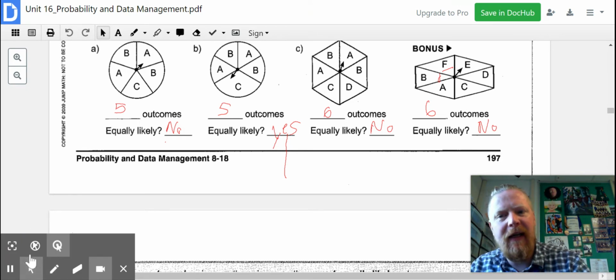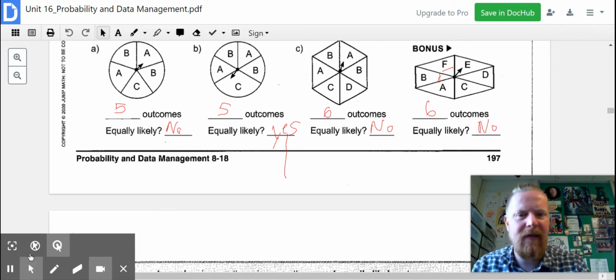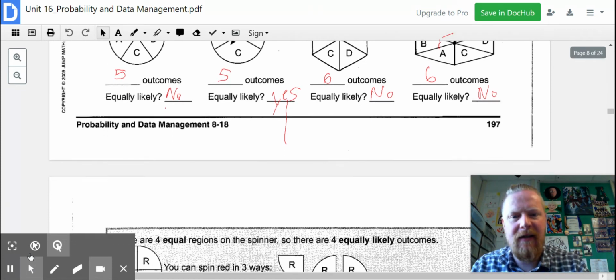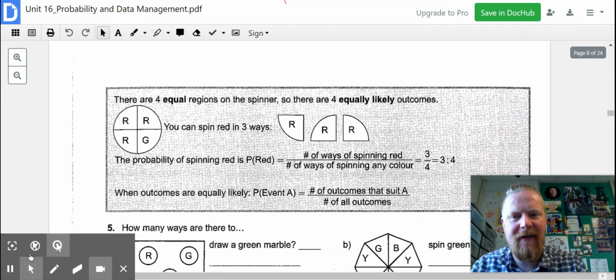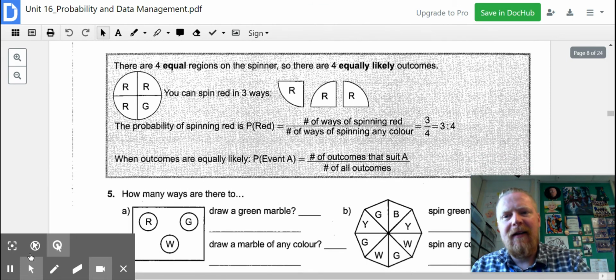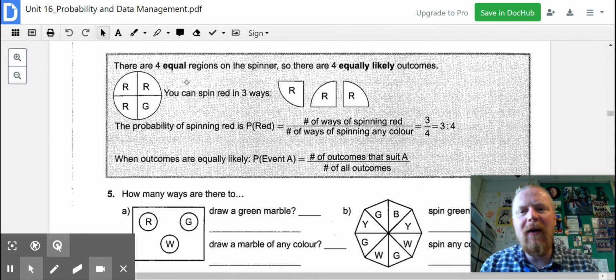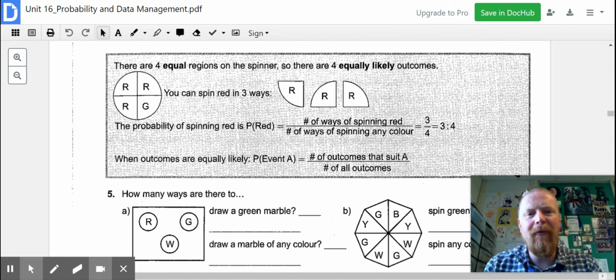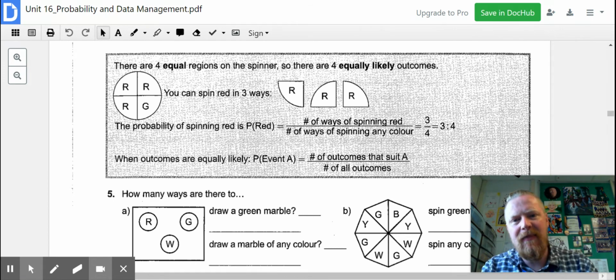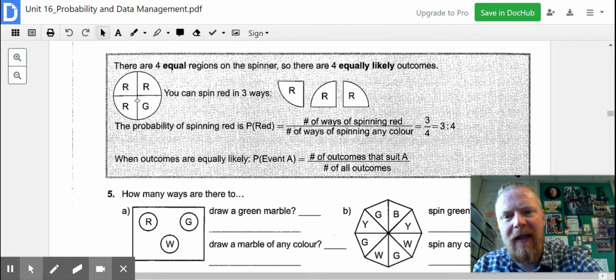Okay, let's move down here to the next page. There are 4 equal regions in the spinner, so there are 4 equally likely outcomes. You can spin red in 3 different ways. So in this one here, we've got 4 outcomes. They're all equal size.